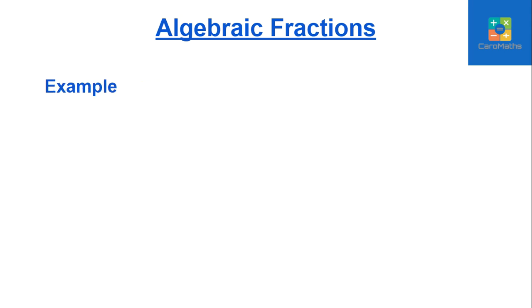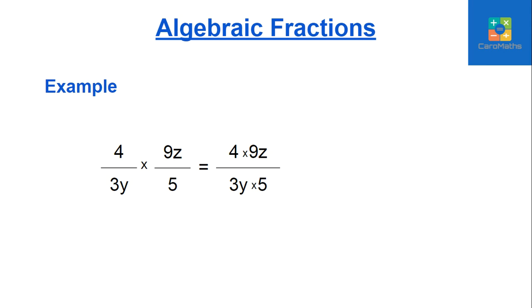The example I've got here is 4 over 3y times 9z over 5. So we just multiply the top parts together and the bottom parts together. So we get 4 times 9z over 3y times 5. And now some eagle-eyed viewers will notice that we can simplify this a little bit.